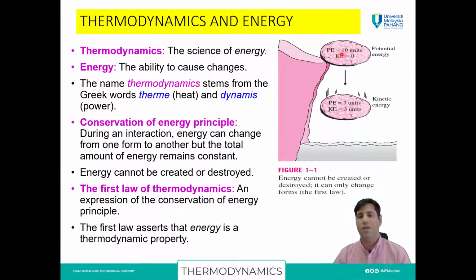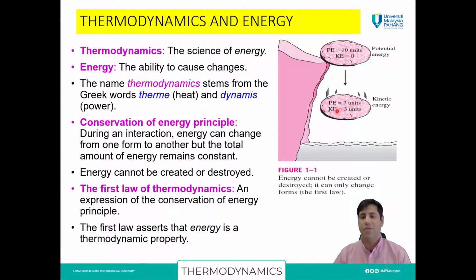So you can imagine it has 10 units of potential energy and 0 units of kinetic energy, and the total energy of this stone, or this system, actually later we will see what is a system, is 10 units.